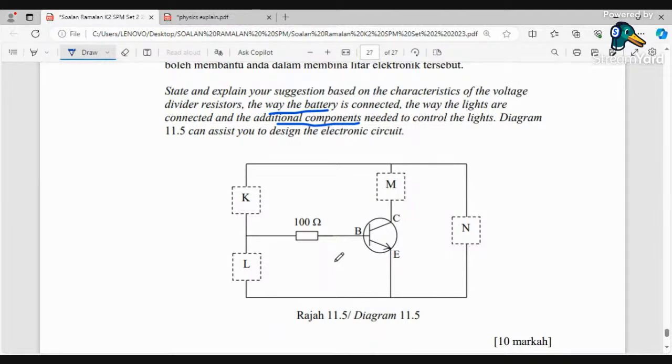If you want to draw the circuit, you can draw. Okay, labelkan K. Dia boleh buat dalam bentuk table. Dia punya design ataupun modification.